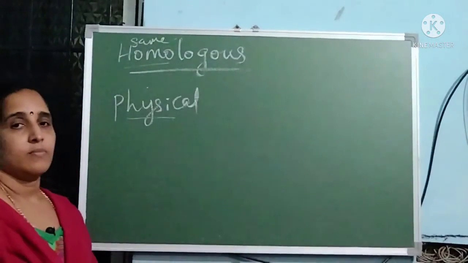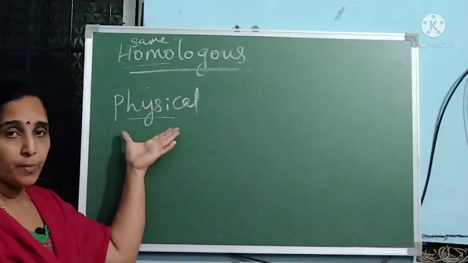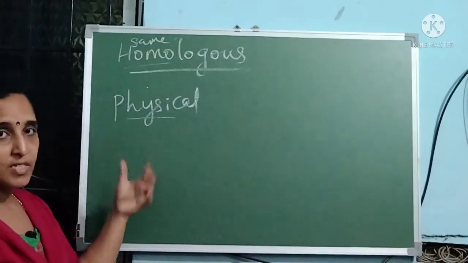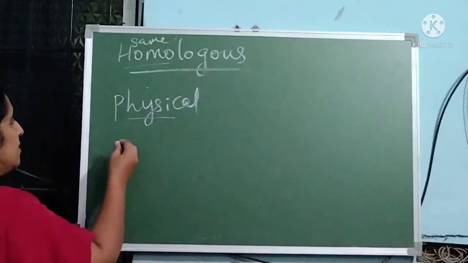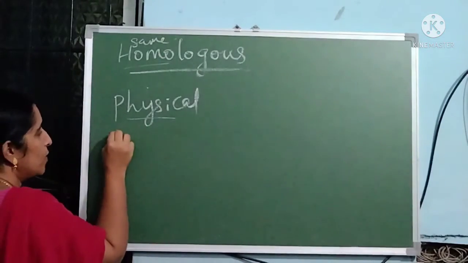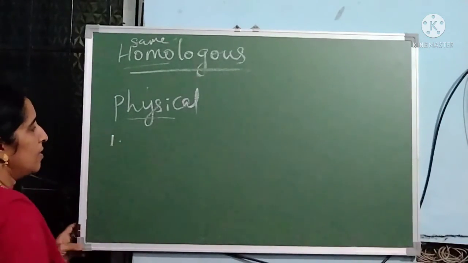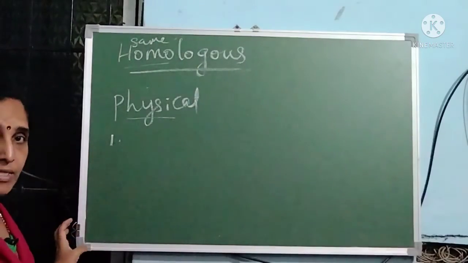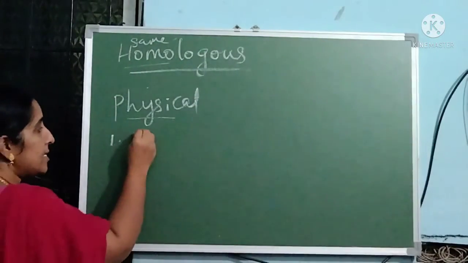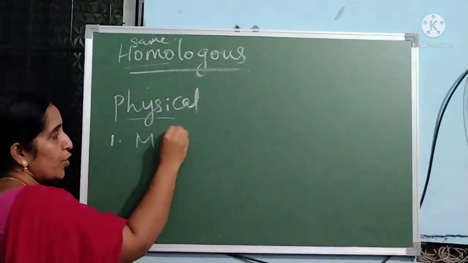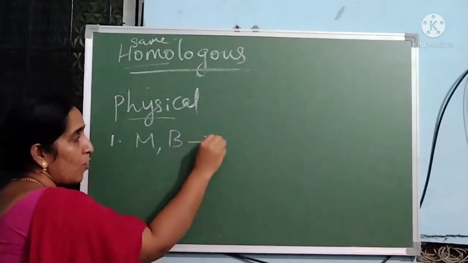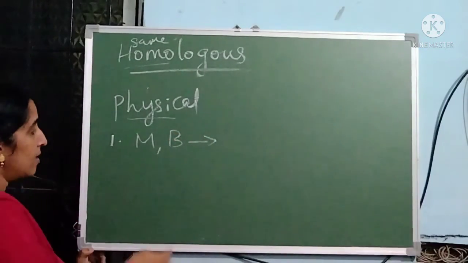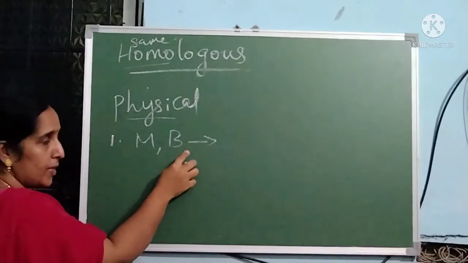Okay. So after the chemical properties, we discuss the physical properties. What are the physical properties of a homologous series? When the molecular mass increases, the melting and boiling points of a homologous series always increase. This is the first physical property.